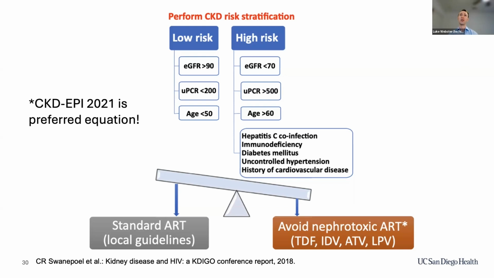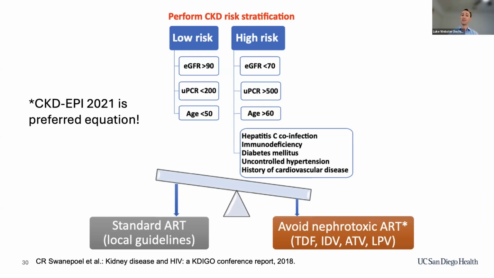So one strategy is, when you are seeing your patients, perhaps split your focus on whether your patient is at low risk of CKD versus high risk of CKD. And at least from KDIGO, which is our global consensus cohort, a low-risk patient would be someone with a normal GFR, so GFR greater than 90, has no proteinuria, and is at a younger age.